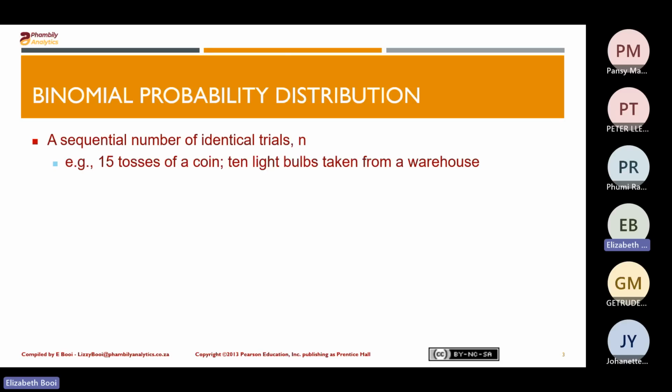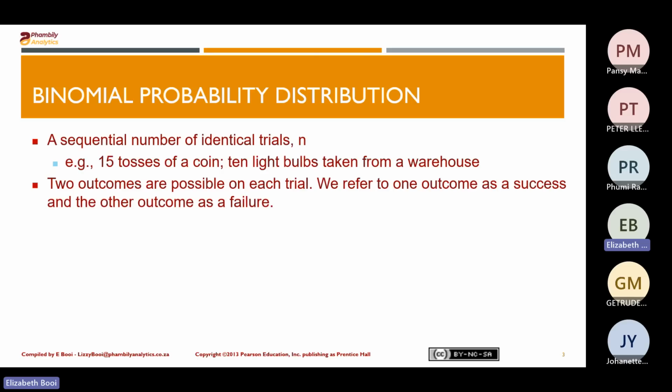But not only just a coin, you can do a binomial trial by looking at a success or a failure as well. There will always be two outcomes, and one of the outcomes we will refer to as a success, which is the outcome that they will always give to you in the statements in your questions.